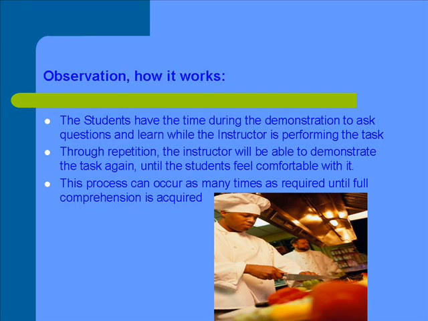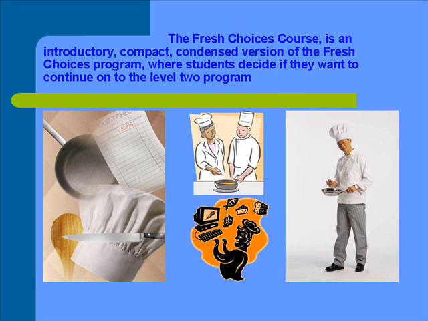The task can be repeated several times before and after the students model the task, while being observed by the instructor. The introductory course allows students to decide if they want to move on from Level 1 Basic to the Fresh Choices Level 2 course.